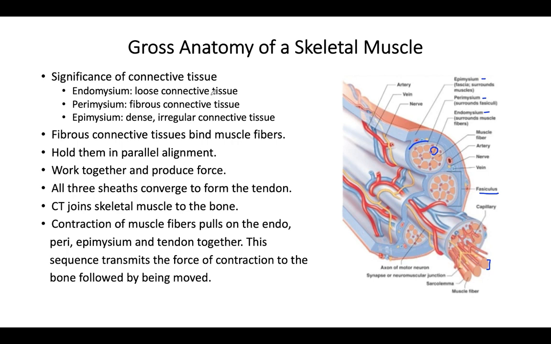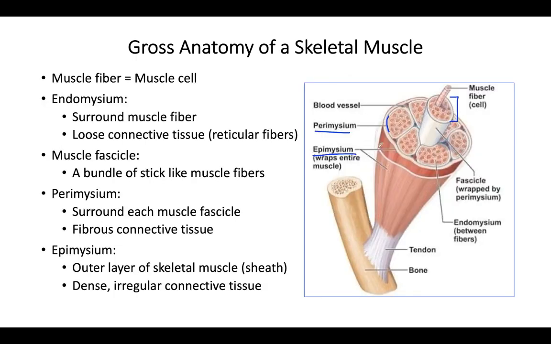These three kinds of connective tissue bind muscle fibers and hold them in parallel alignment, and they work together to produce force. All three kinds of connective tissue come together to form the tendon. In other words, these connective tissues eventually connect to the tendon.